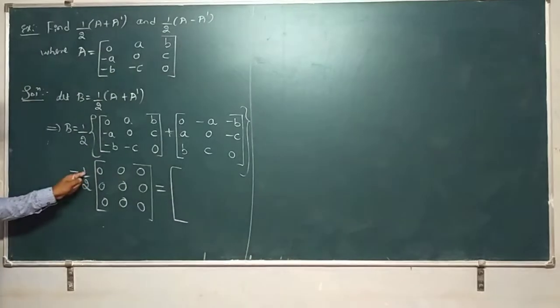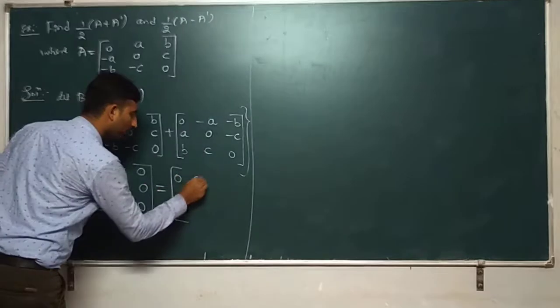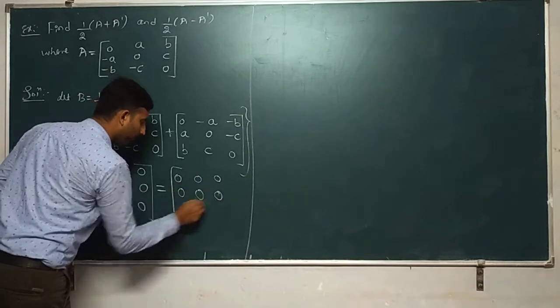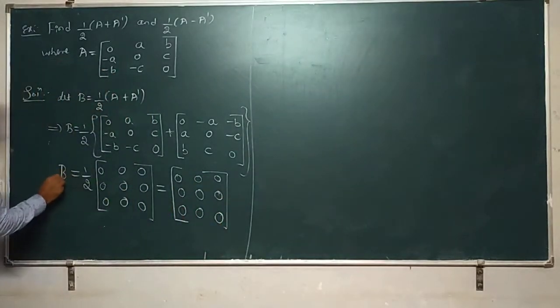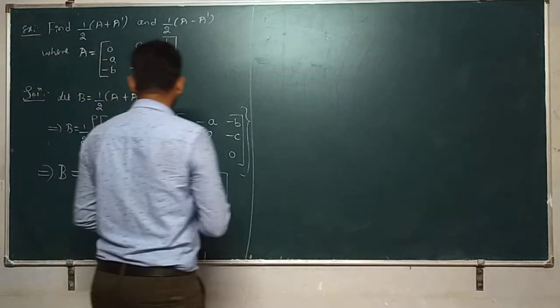Correct? All are 0, which is the value of B. Half into this value. Next.